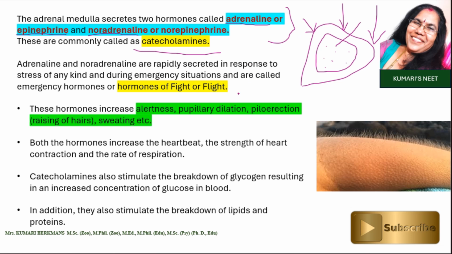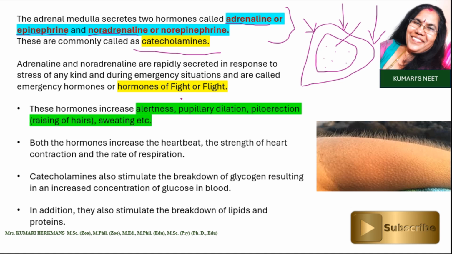At that time this hormone is secreted, the epinephrine or norepinephrine, or adrenaline or noradrenaline. And if a dangerous animal is coming and chasing you, what do you do? You run from that place, isn't it?